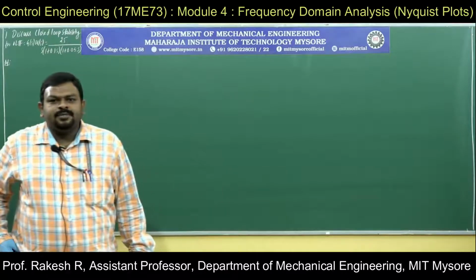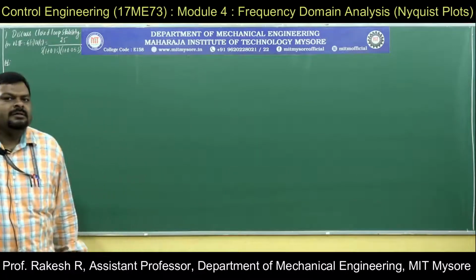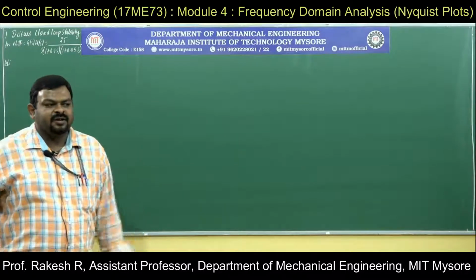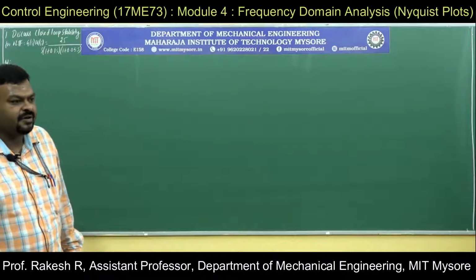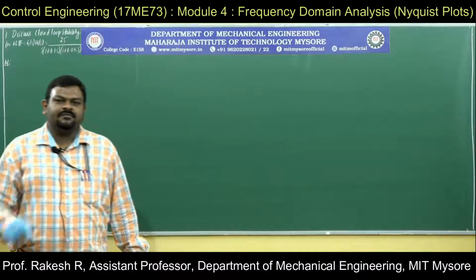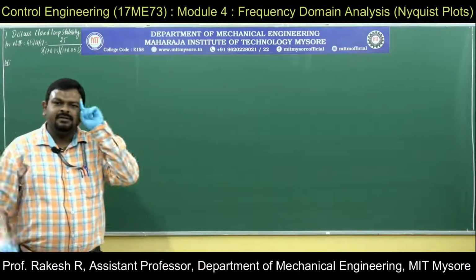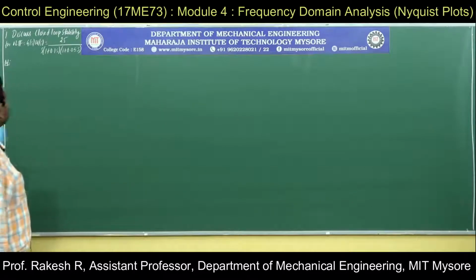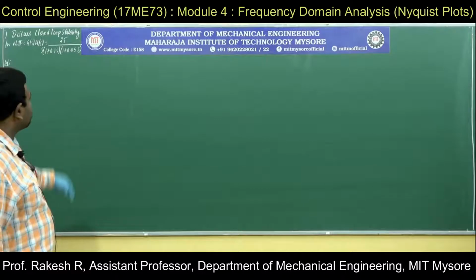And then sometimes directly they will ask, discuss the stability using Nyquist plots. In that time again you check whether they asked open loop transfer function or not. If they are asking open loop transfer function directly, then take the question and solve directly. So in this problem, discuss closed loop stability for open loop transfer function.